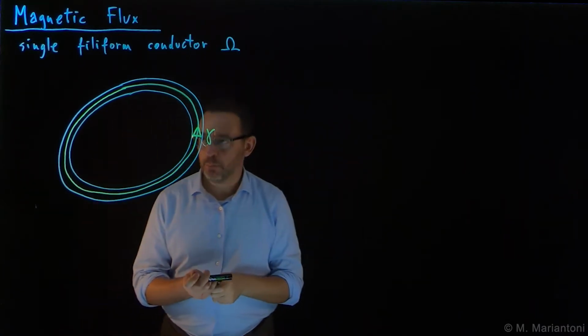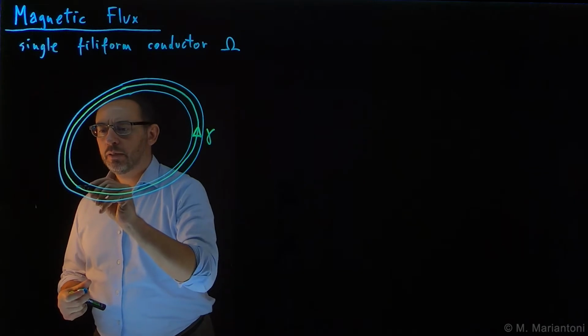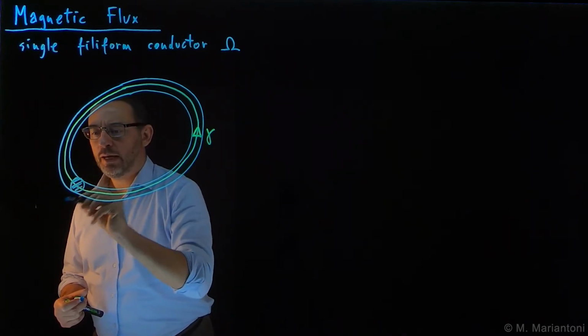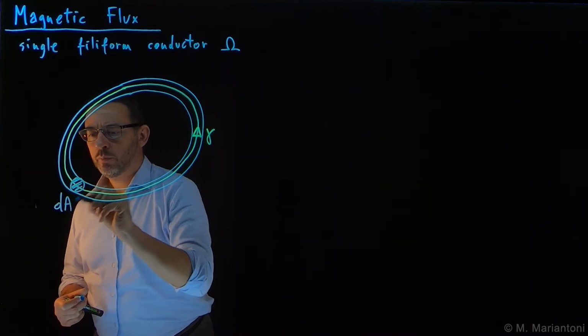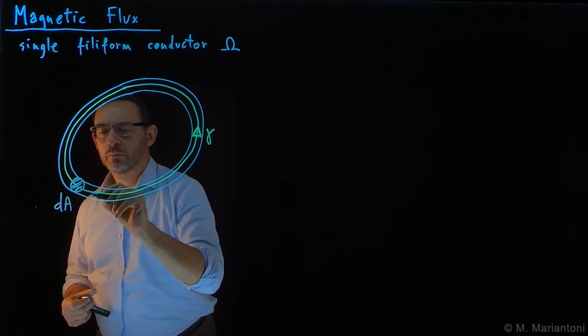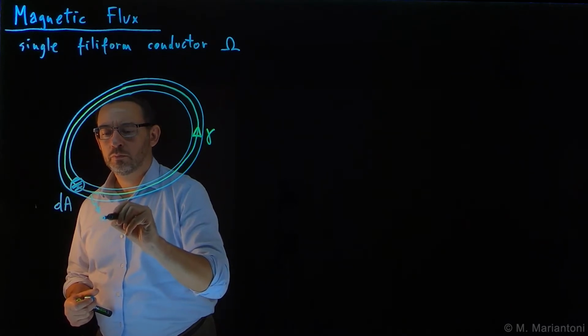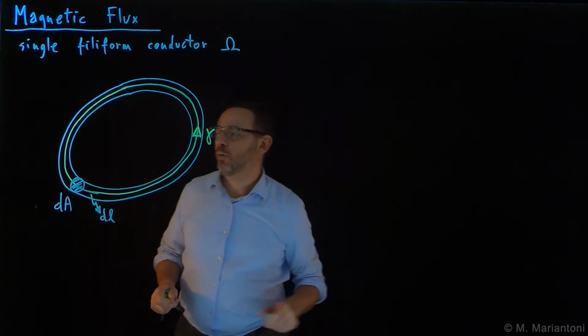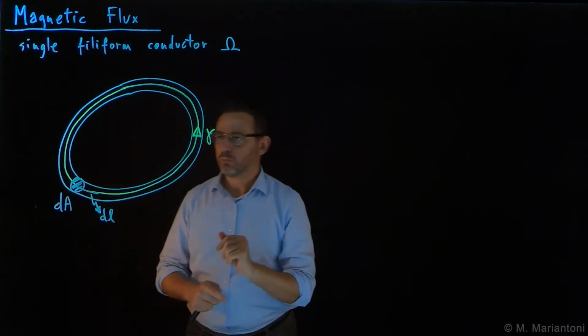As always, if I pick a point here, capital Q, this cross-sectional area is the A, and from Q, this would be the L, which defines the volume, the A dL or the L dA. As always, there's a point Q on it.